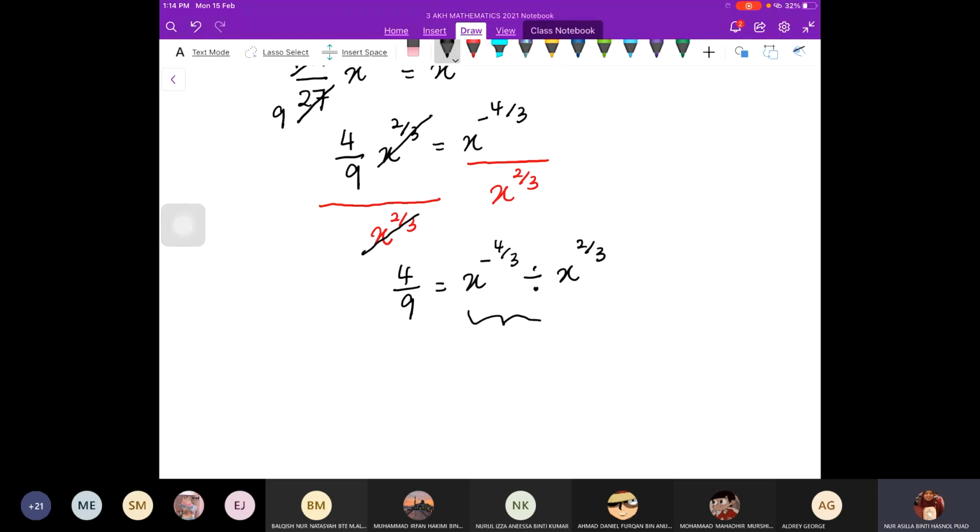So ni boleh guna law of indices. Okay. Sebab base dia sama X. Jadi dia akan jadi X negative 4 over 3 minus 2 over 3. So jadi X negative 6 over 3. So it becomes X to the power of a negative 2.